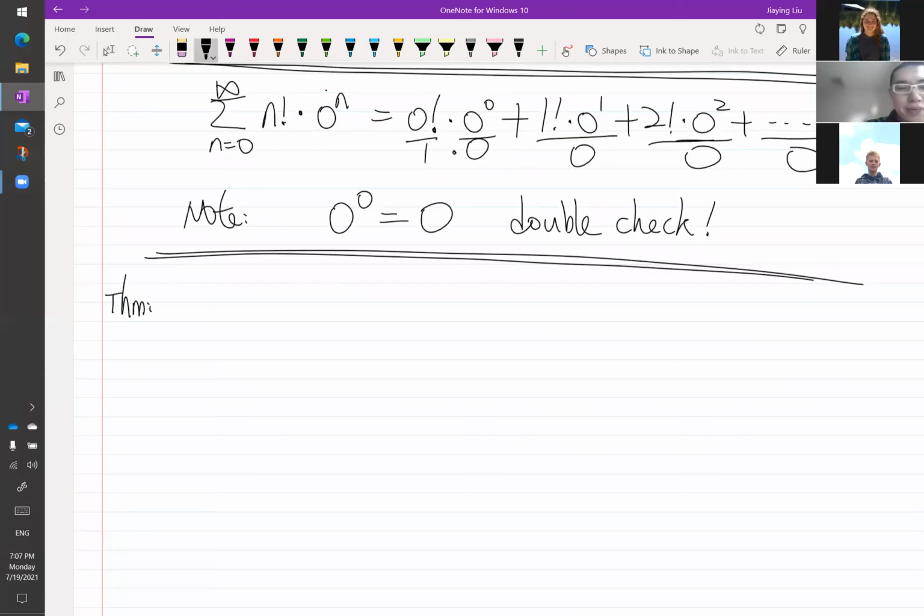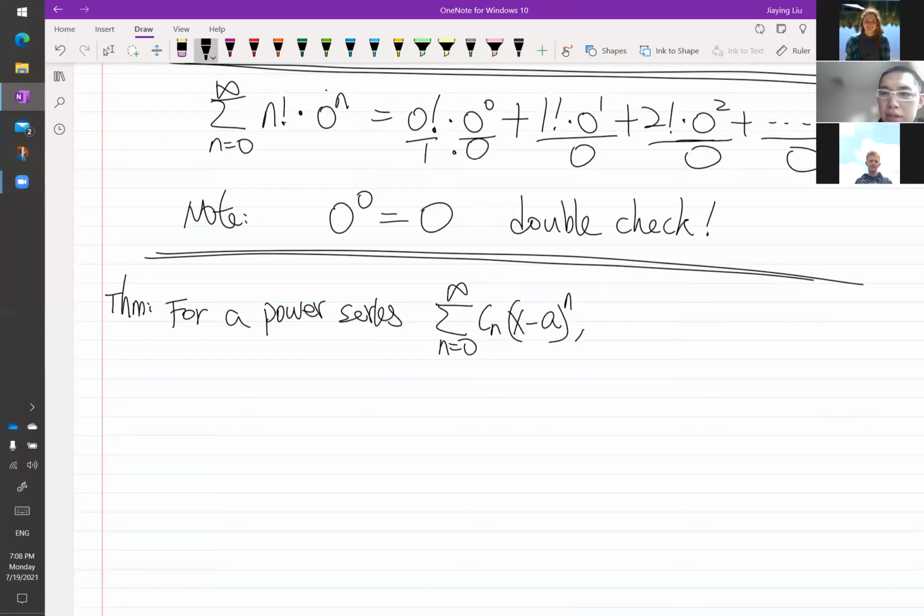This theorem says for a power series, sigma Cn x to the n, n from 0 to infinity, or more generally Cn times (x minus a) to the n, there are 3 cases, only 3 possibilities.